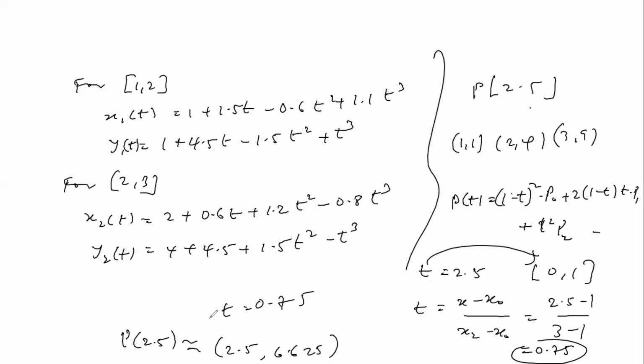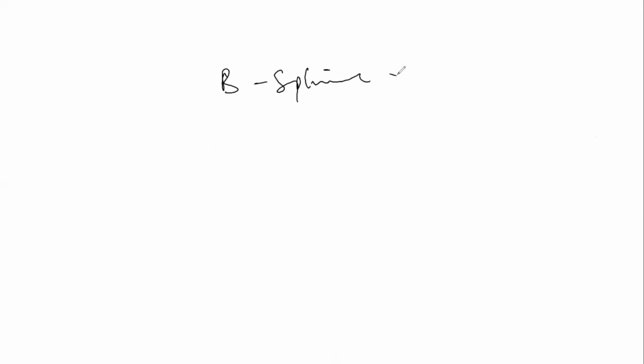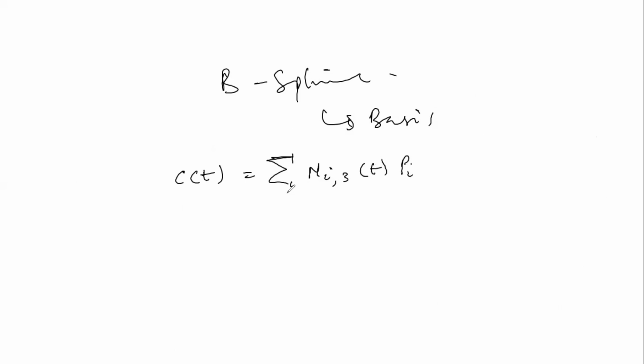And just before we wrap up, because we already moved over time, then we also have the B-spline, okay, which is more like the Bezier spline, okay? I don't think we want to resolve this, but I just want you to know that for the cubic B-spline, the curve is defined as C of t, which is the same as sigma N sub i of 3 of t p sub i, for i taking on values from 0 to n.